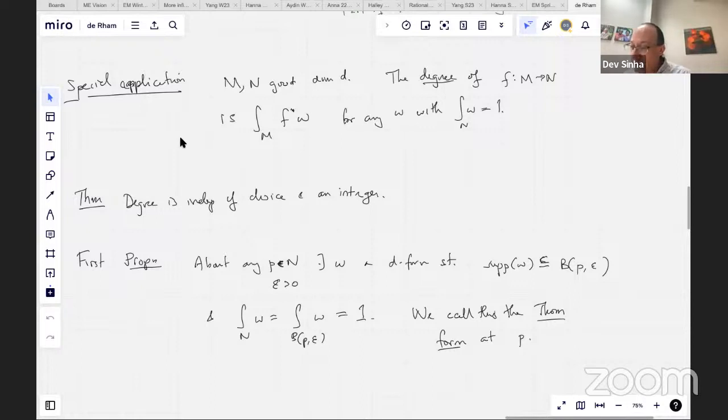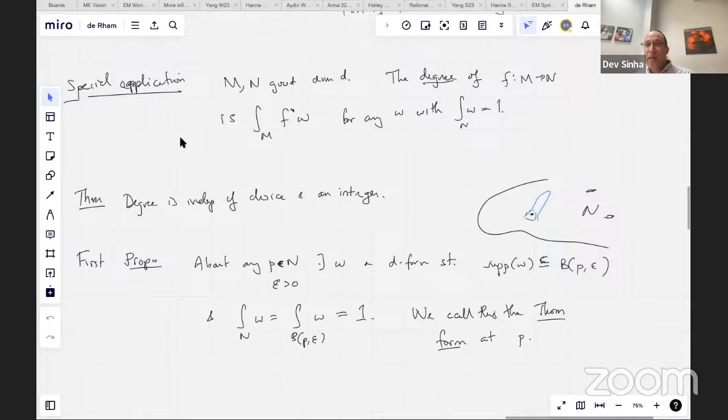So just conceptually, I've got my N, I've got my point. N can be very complicated, very twisted, but I choose a small enough epsilon, and then there's going to be some function that has integral one supported there. And then it's that function times the top dimensional form, like d theta on the circle or dx wedge dy wedge dz on R3.